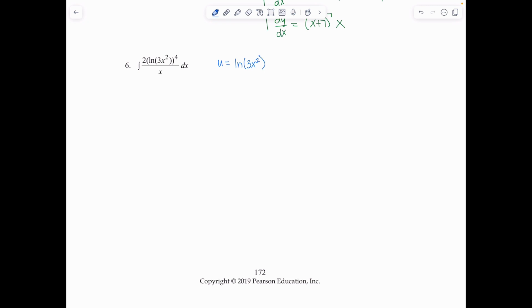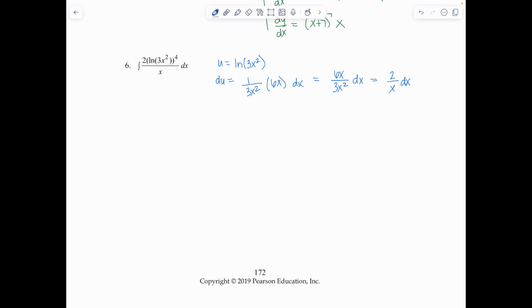That way it can be u to the 4th power. du becomes, let's see, 1 over 3x squared times 6x dx. So that's going to give us 6x over 3x squared dx. And we can reduce that to be 2 over x dx.